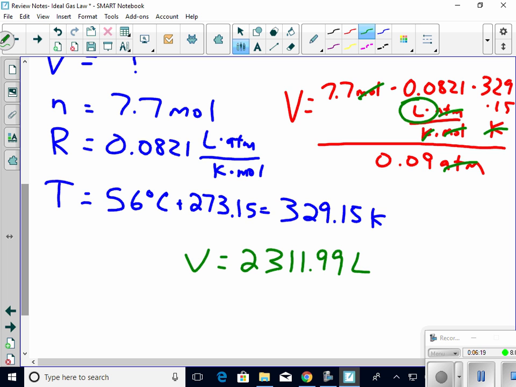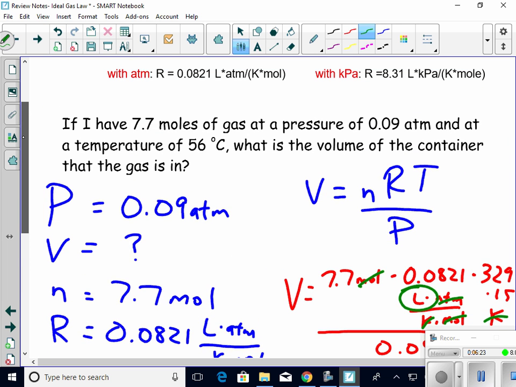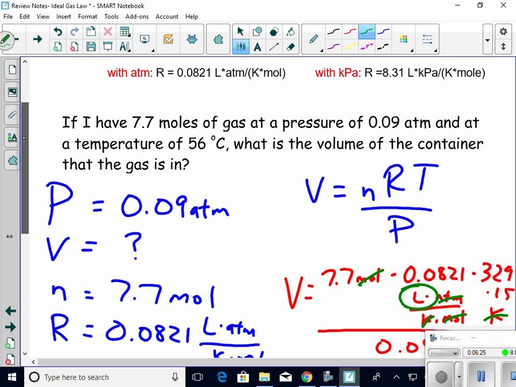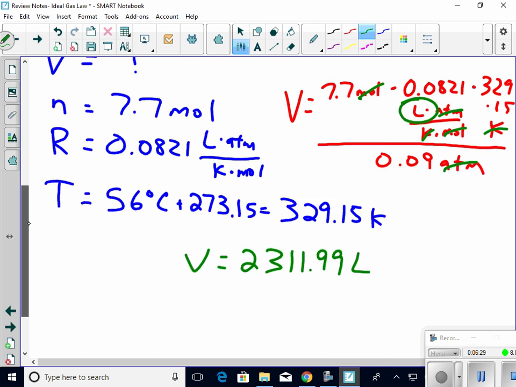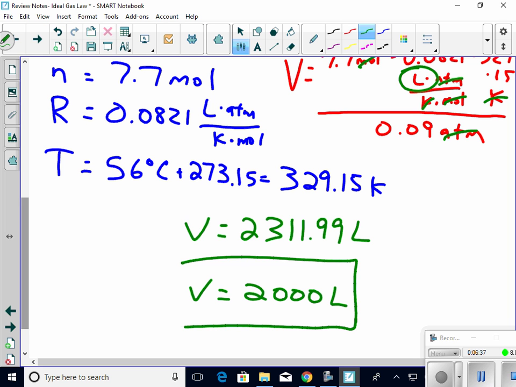I go back, I need to sig fig, so I see 0.09. Oh, there is one sig fig here. All right, so I need to have one significant figure. So my volume in sig figs is going to be 2,000 liters.